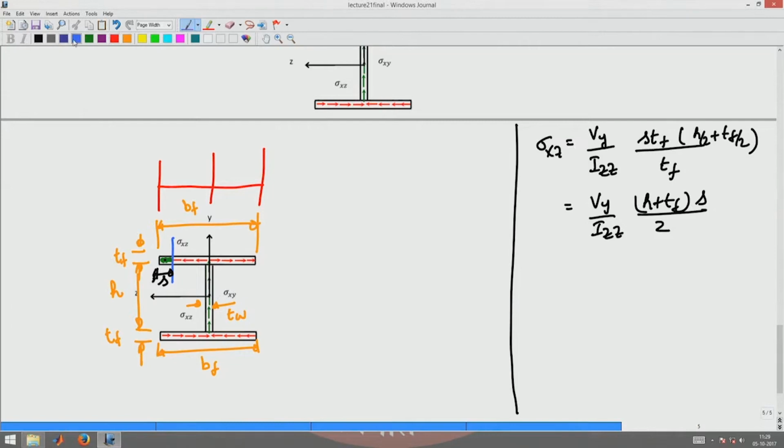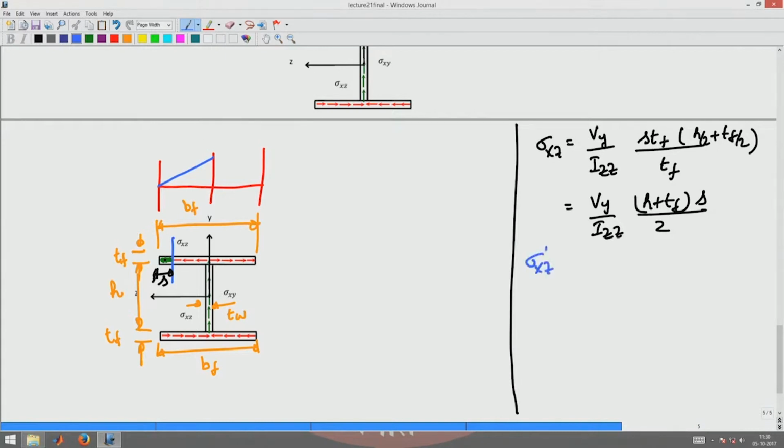It varies linearly from 0 up to there. When S is Bf by 2, I will have the maximum shear stress.